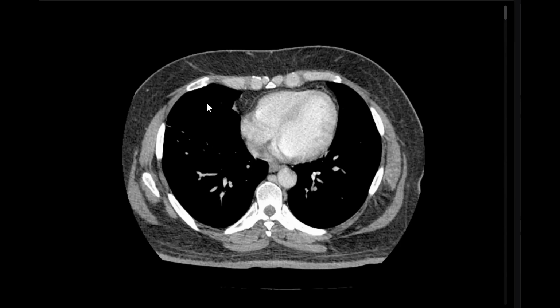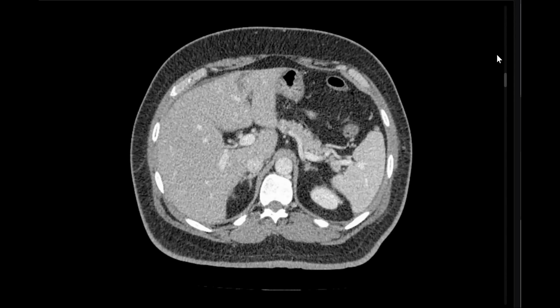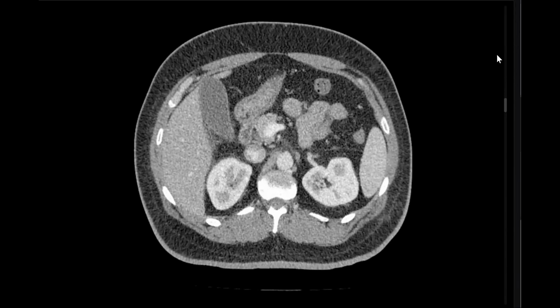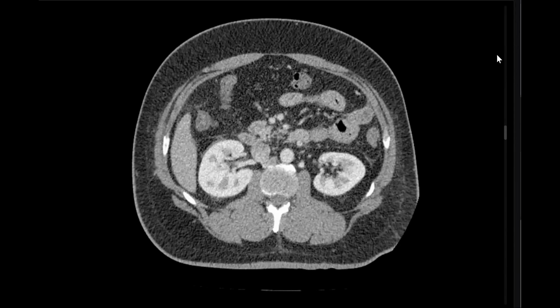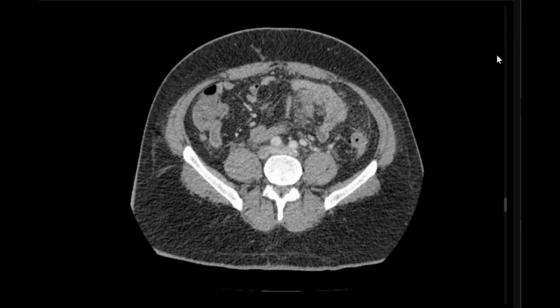So I have been provided with post-contrast CT images of a patient who presented with acute abdominal pain. I'll scroll through the images, then I'll mention my findings. I'll scroll to the last cut.